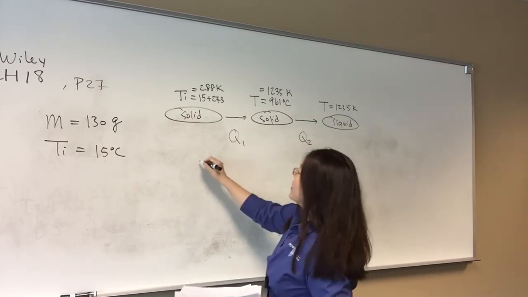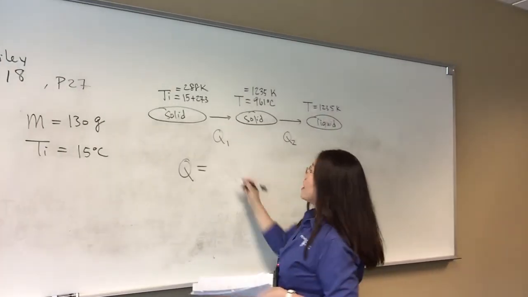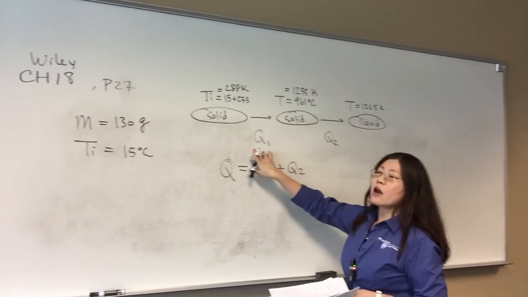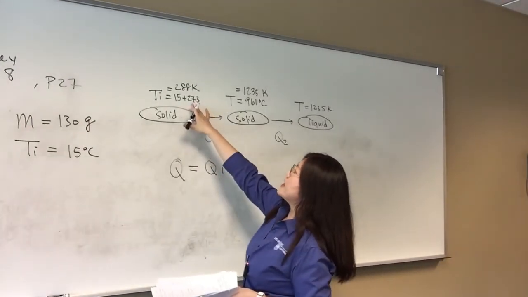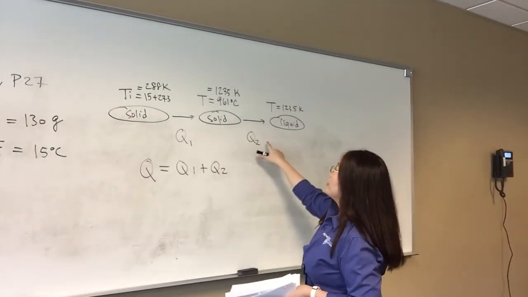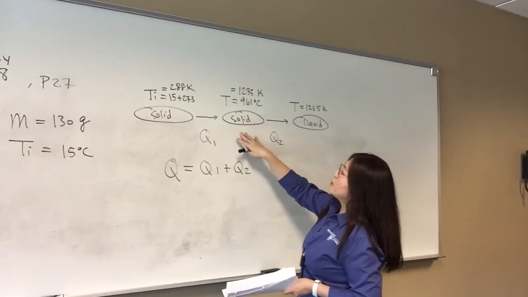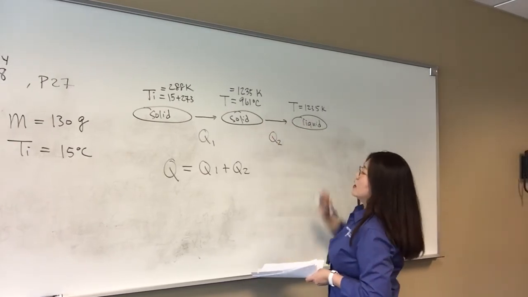So the equation you should be using is Q. What is the total amount of energy that is required? It will be the summation of Q1 plus Q2. So Q1 takes care of the energy that is required to raise the temperature from 288 Kelvin to 1,235 Kelvin, and then Q2 is the energy required to melt the silver from solid form to liquid.